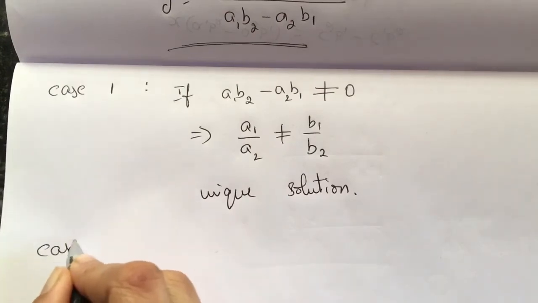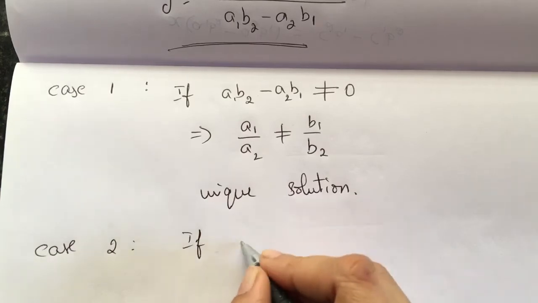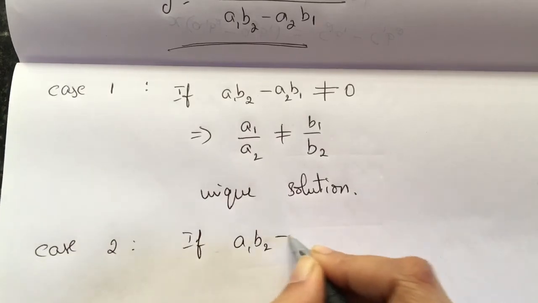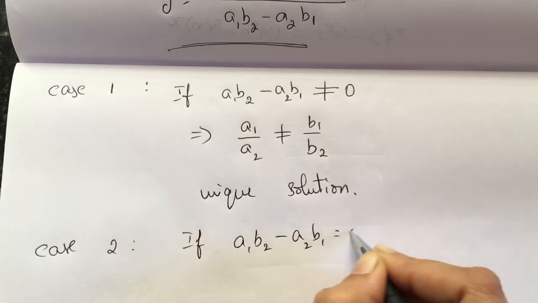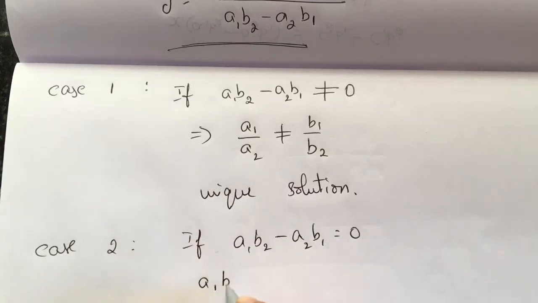Case 2, when the denominator is equal to 0, if A1 B2 minus A2 B1 equal to 0. When this happens, this obviously means A1 B2 is equal to A2 B1.